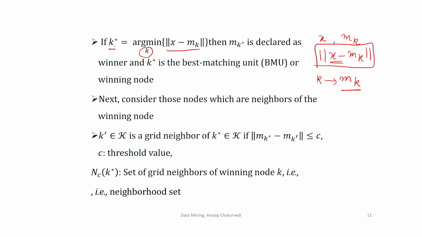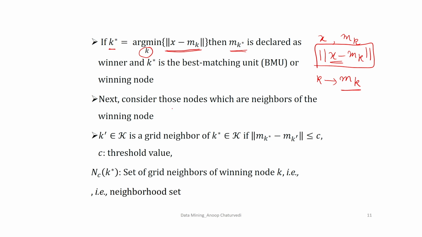And suppose for k equal to k star, this Euclidean distance is minimum, then mk star is declared as the winner, or best matching unit or winning node. For x, this particular node is the winning node or the best matching unit.